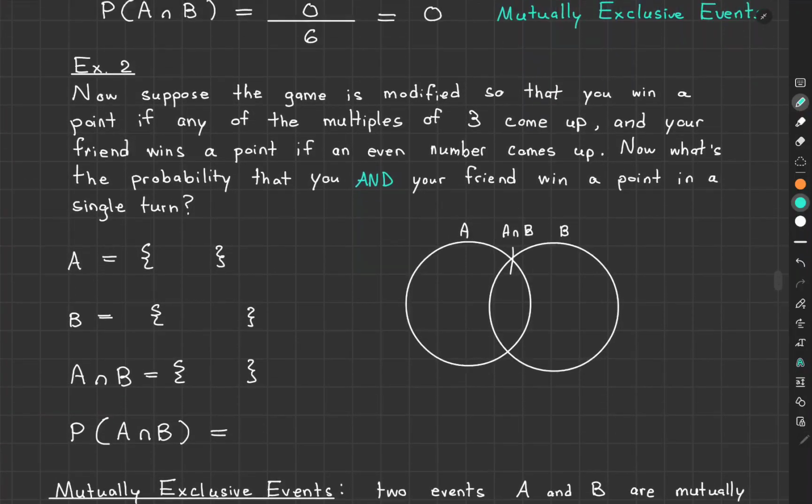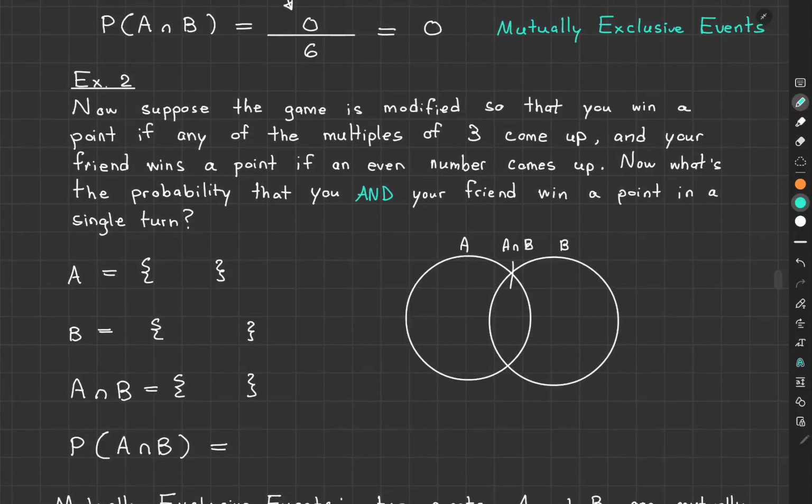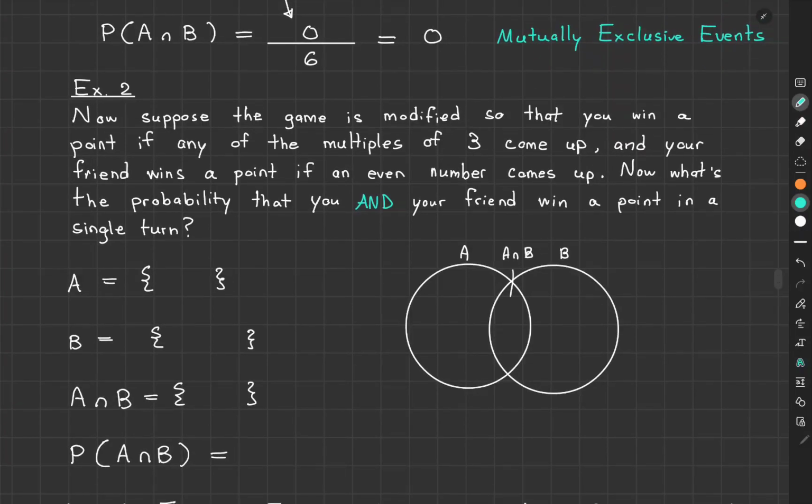Let's see another example here. So now suppose the game is modified so that you win a point if any of the multiples of 3 come up on the die, and your friend wins a point if an even number comes up. Now what's the probability that you and your friend both win a point in a single turn?